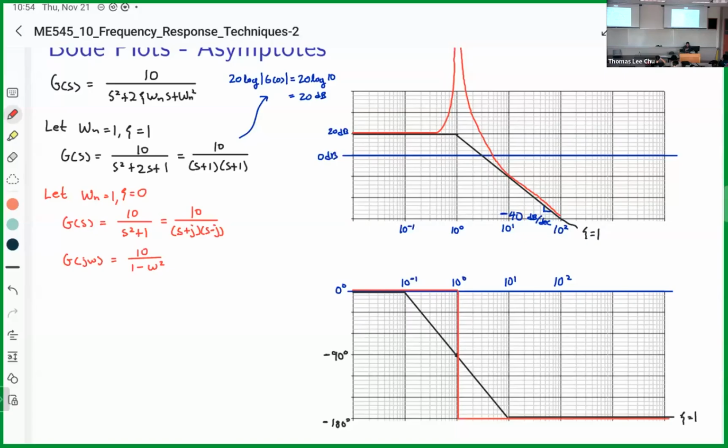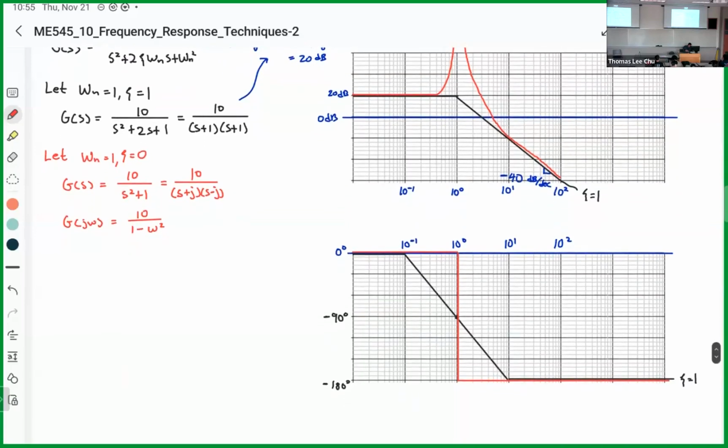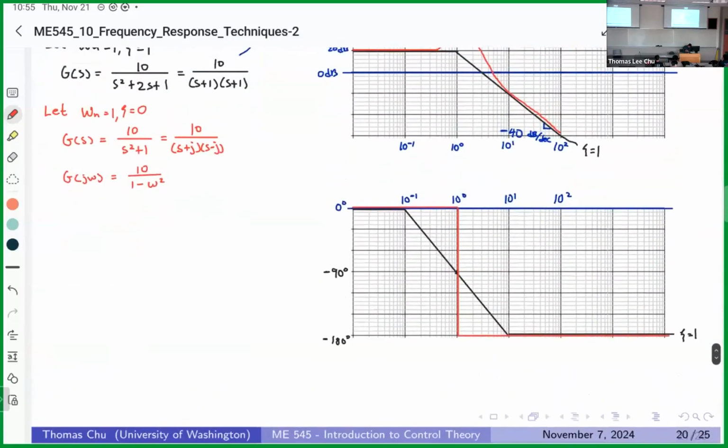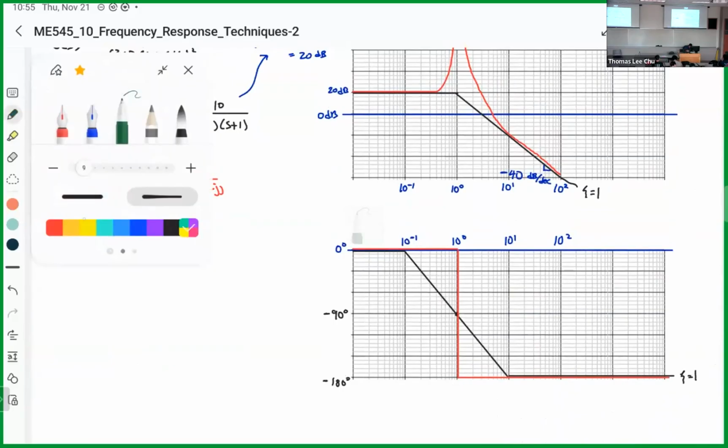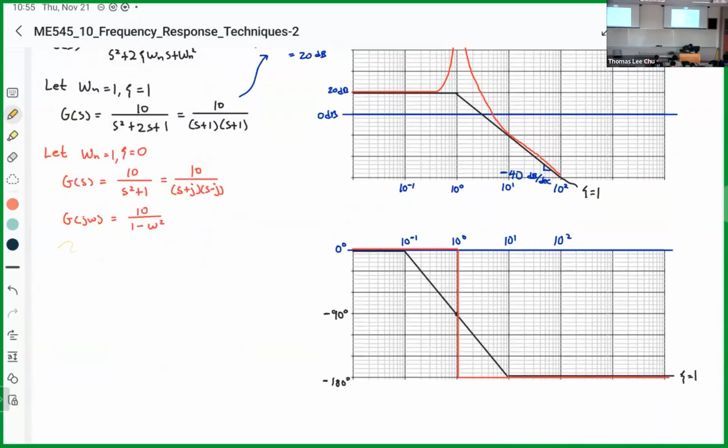Any questions so far? All right. So then we're going to look at just a few cases in between. Let's choose a different color, orange.